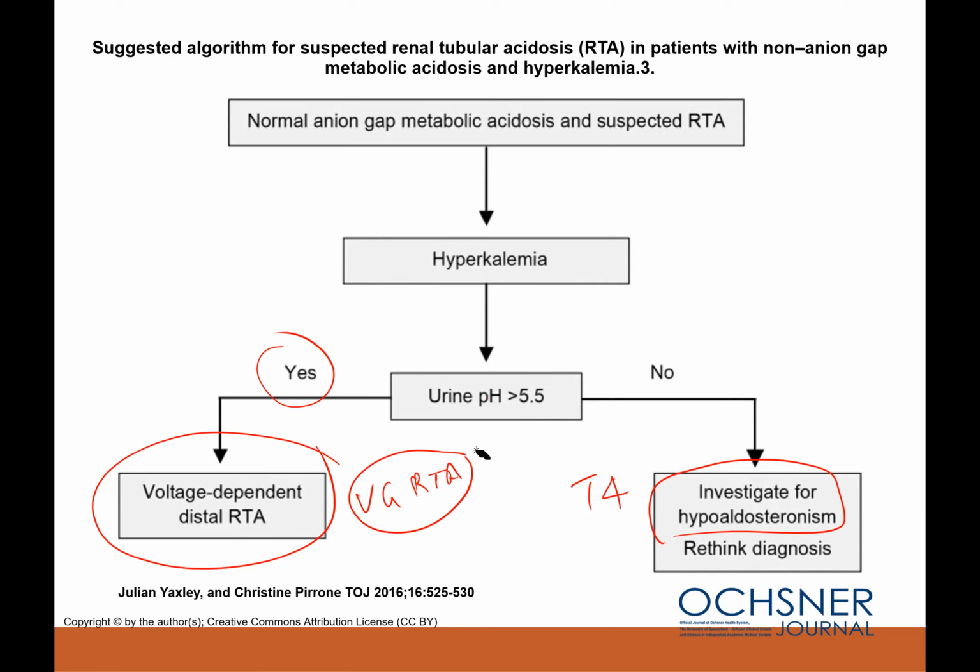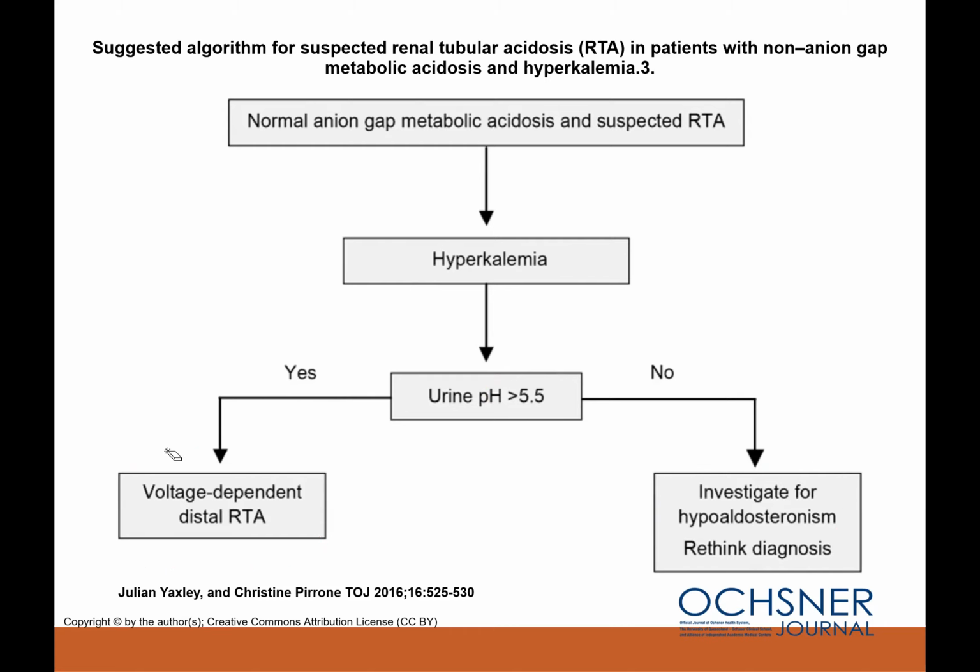If the pH is more than 5.5, that is, it is less acidic than it is in the hypoaldosteronism type. If it is definitely more acidic, that is, the pH is not more than 5.5, then you think about hypoaldosteronism and aldosterone resistance.